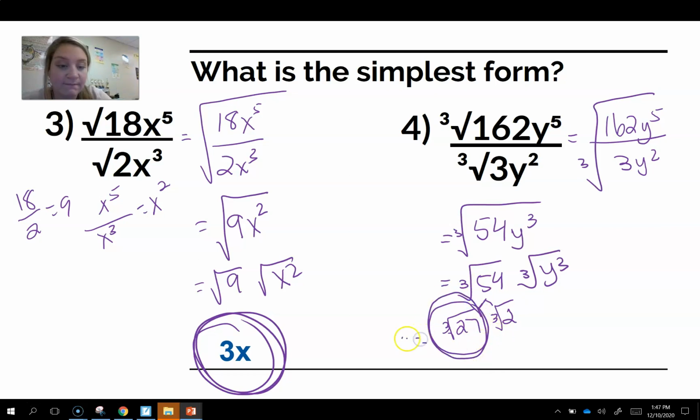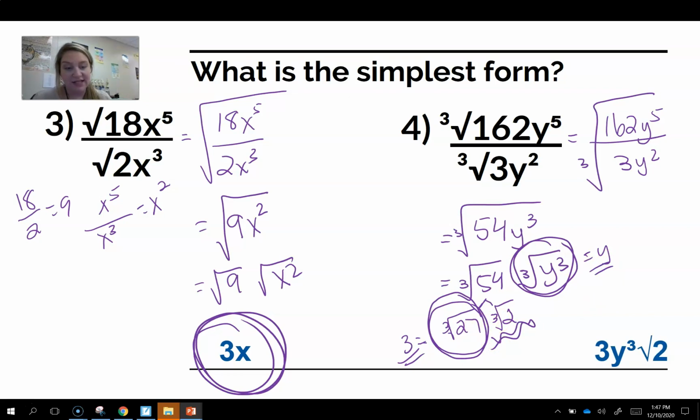And then here, the cube root of y cubed, that's a perfect cube, right? Because what times itself is y cubed? It's y. So when I have my answer, I have 3 and y that are now released from our radical, but the cube root of 2 is still there.